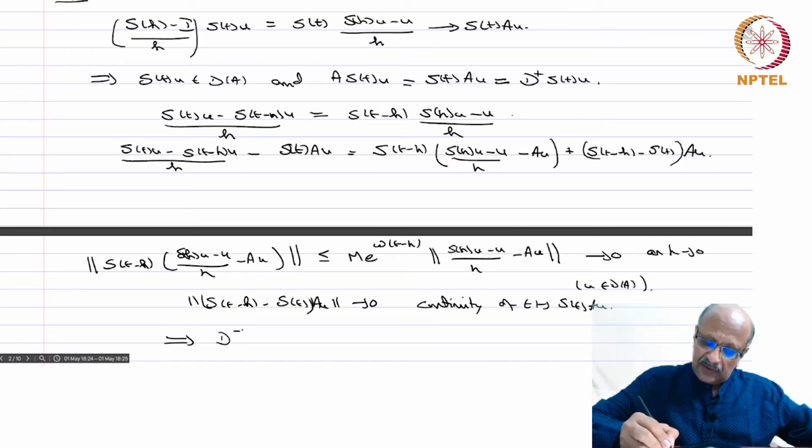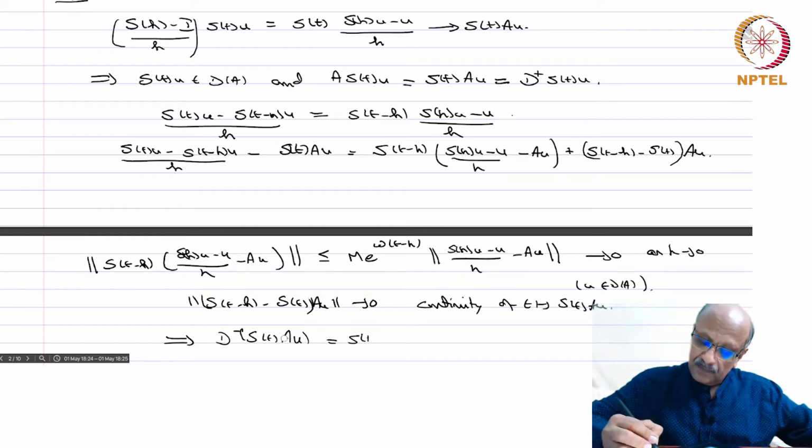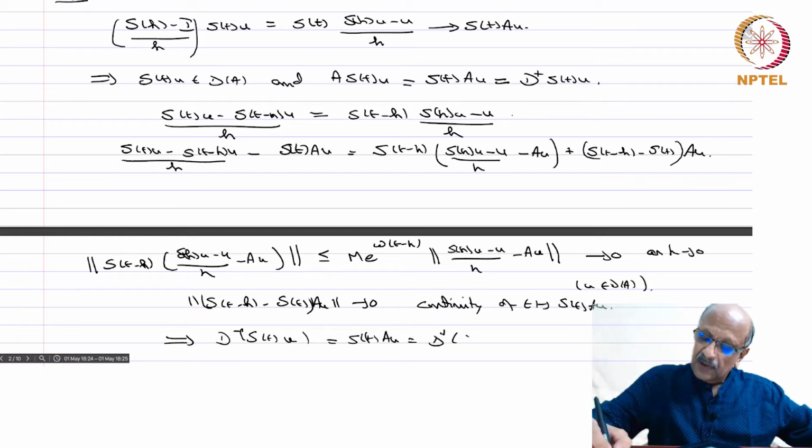So, d minus of S(t)u equals S(t)Au, which is also equal to d plus of S(t)u.